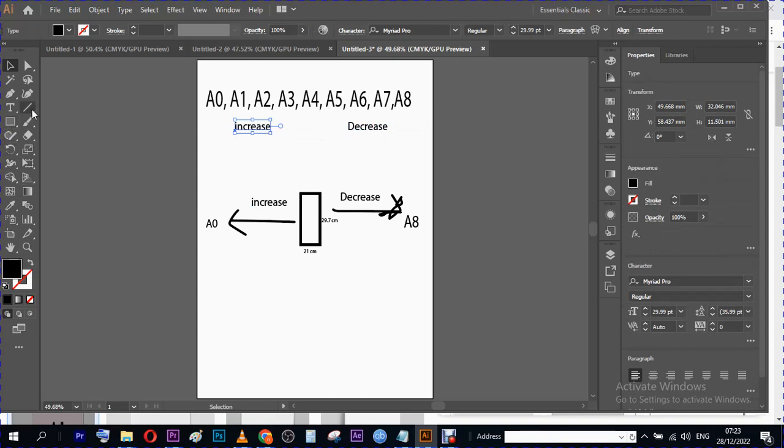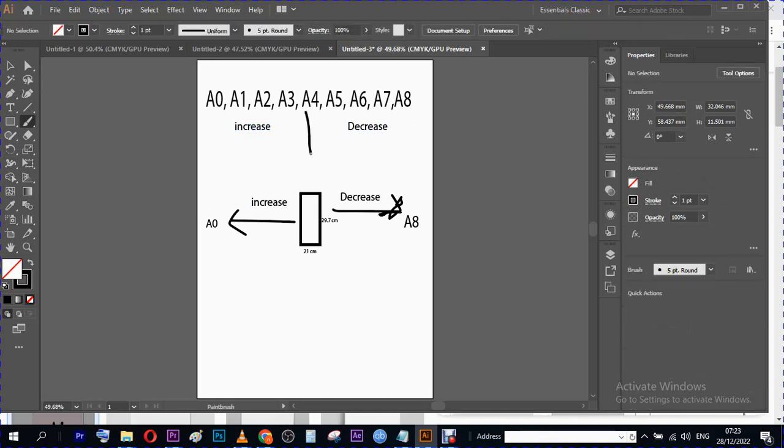So then let us try to just put this from here to that side, then from here to that. Ctrl Z to undo.